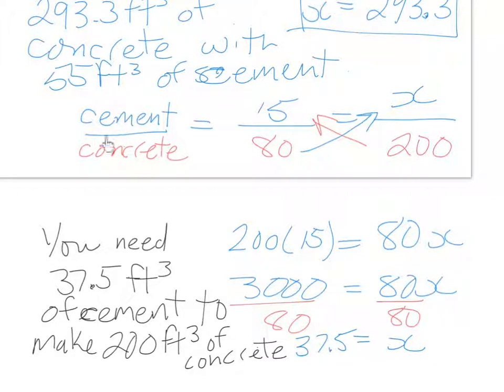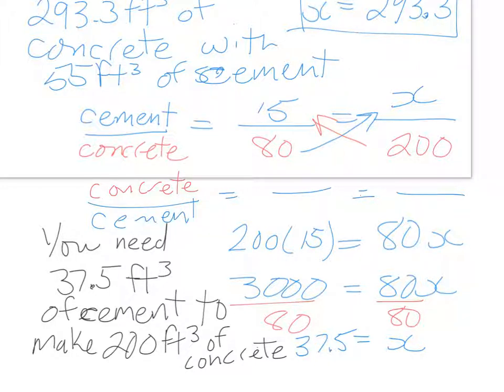You could have flipped this around. It wouldn't matter as long as you made sure that the 80, like if you put concrete on top, you could have done it this way. You could have had concrete here, and sorry, I'll just equals, and then cement on the bottom.